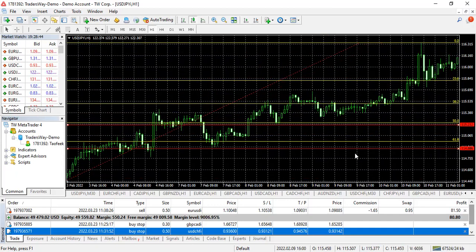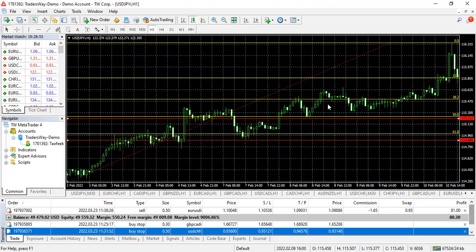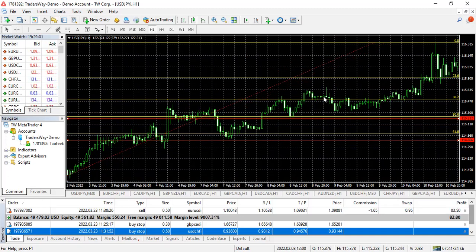Then I can still plot my Fibonacci expansion to tell me a possible point where I can set my take profits. So can you see here? I can set it here at this particular point. If the market wants to reverse, the market is reversing, and later reaches here and stops me out, definitely my analysis is wrong.